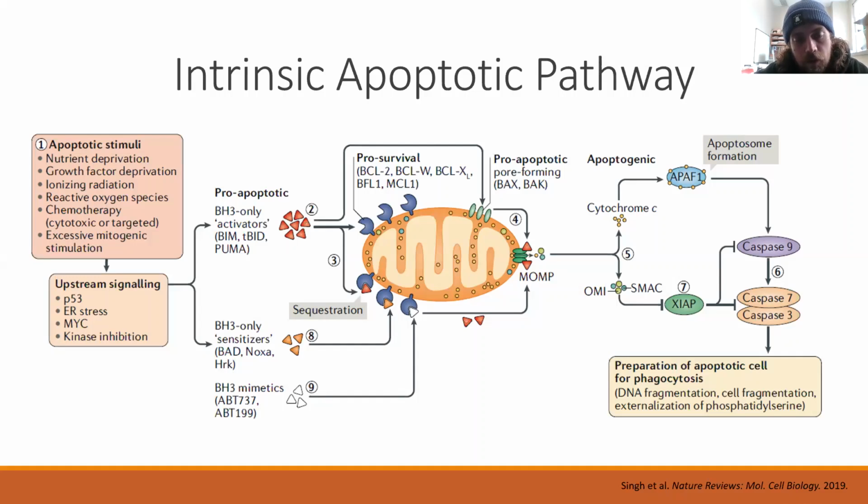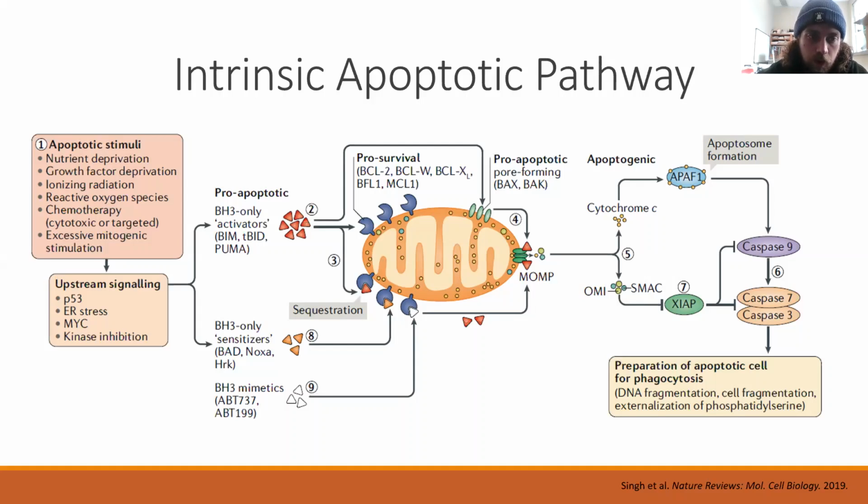And then we see the activation of some BH3 proteins, as we call them. BH refers to BCL2 homology. All of the proteins involved in this pathway are part of the BCL2 family, and BH means these proteins share sequence regions that are similar between the group. They share between one and four regions.